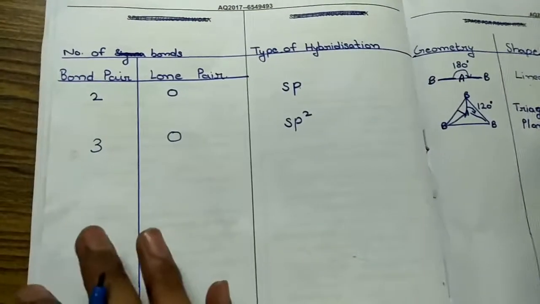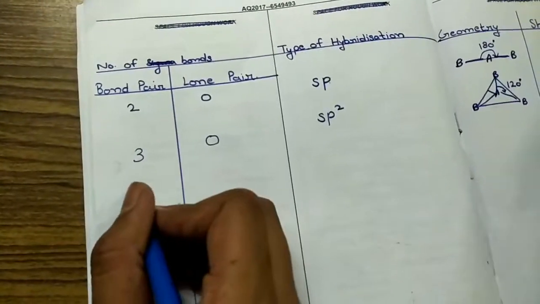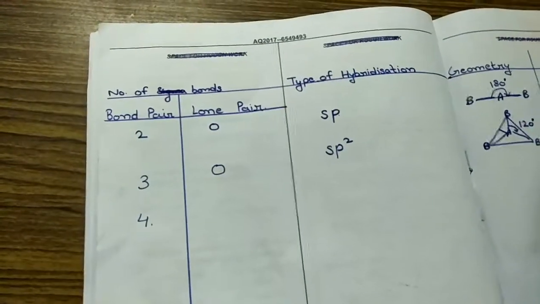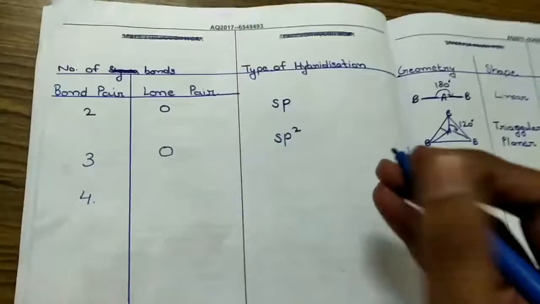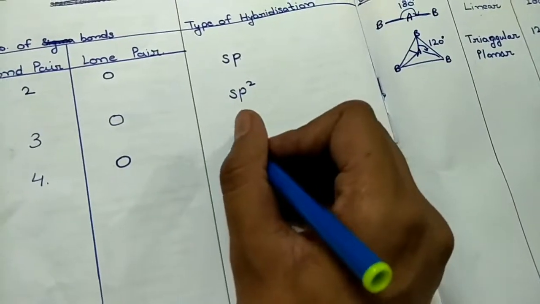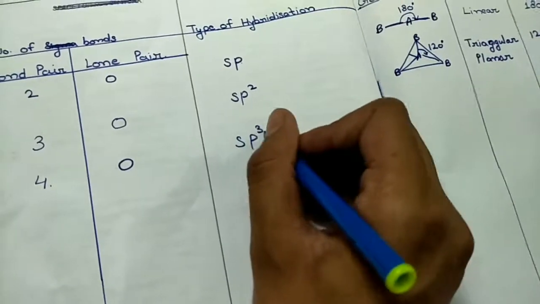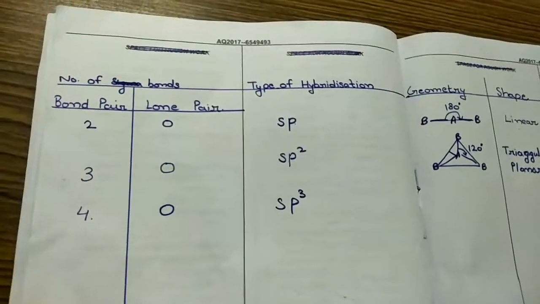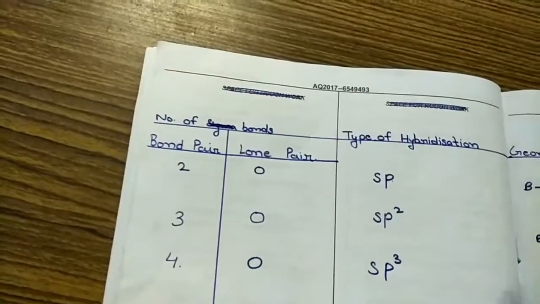Now moving on, if we have four bond pairs and zero lone pairs, the hybridization will be sp3. In this case we have a tetrahedral shape, which could be shown like this.